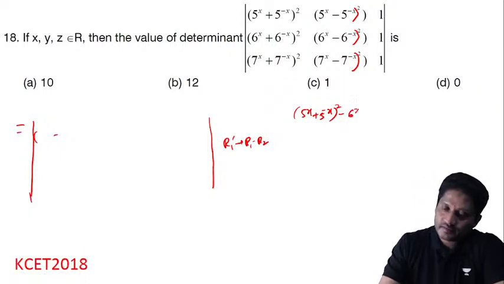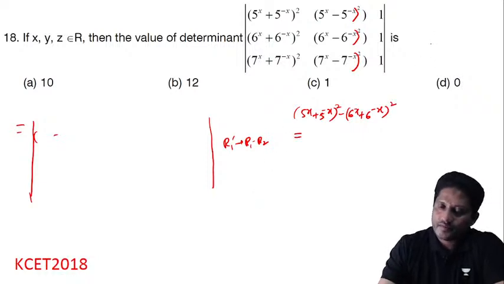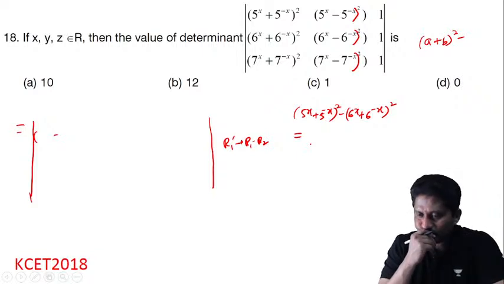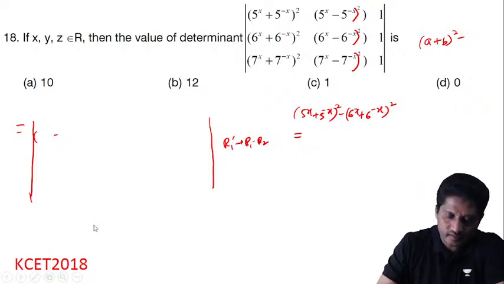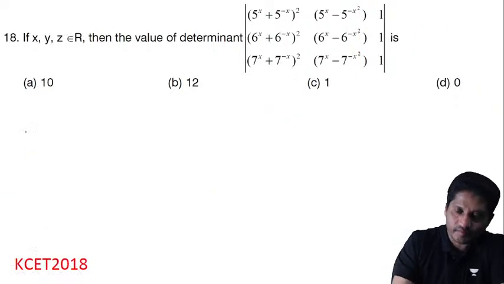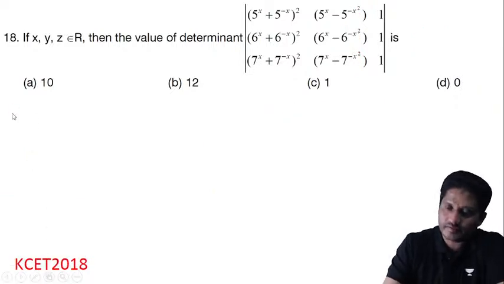6 power x plus 6 power minus x the whole square. Okay, now a plus b the whole square minus a plus b the whole square. If I subtract row wise, right? If you subtract, let us subtract column wise.